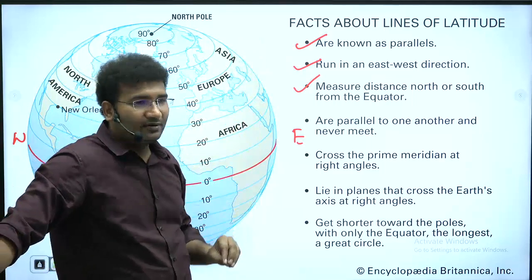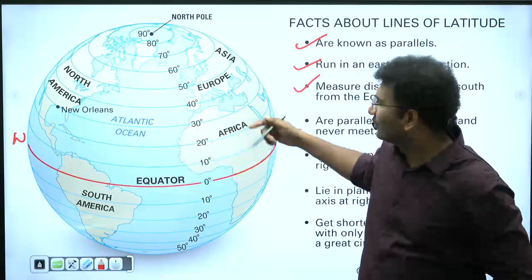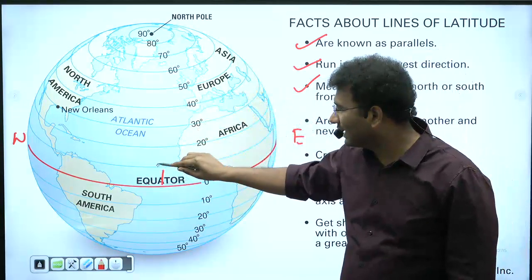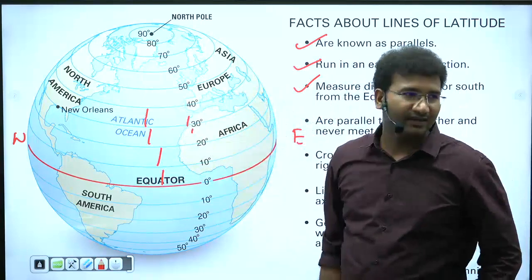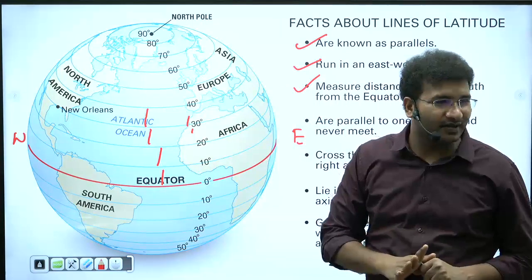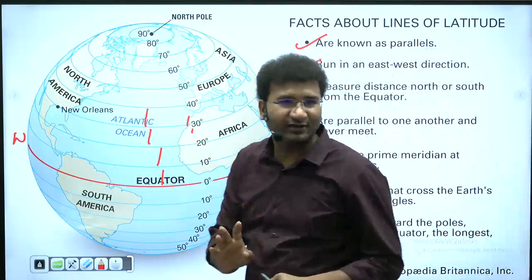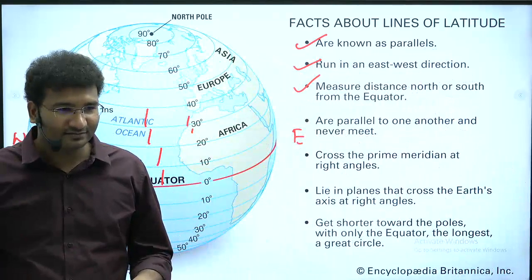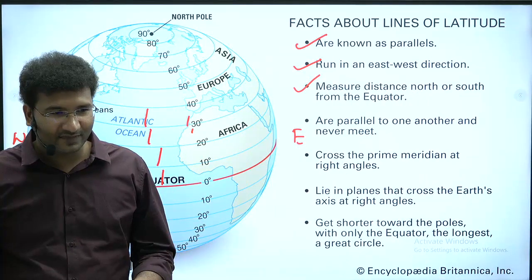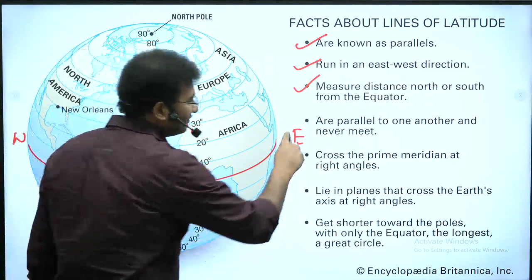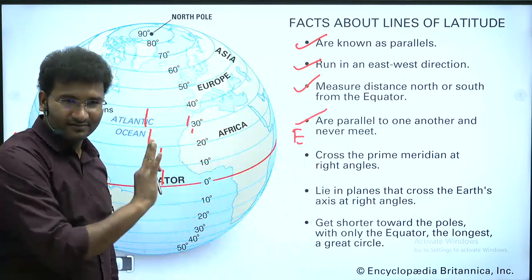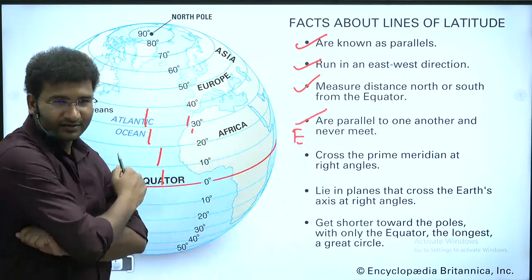If I tell you I have to move from 0 degrees to 23 and 40 degrees, the distance between two latitudes is always the same except near the poles, right? 111 kilometers होता है, 110 से 111 kilometers, right? समझ गया? They are parallel to each other, they never meet. Do you agree to that point?